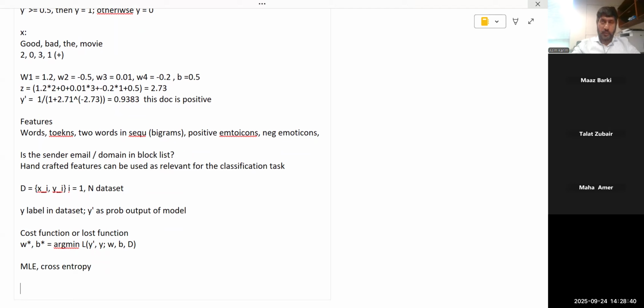Okay? So usually what happens is probability of y given d. So we basically can write this as probability of d given y, probability of y divided by probability of d. ठीक है? So d is our data set. So we want to estimate this probability on the left hand side.